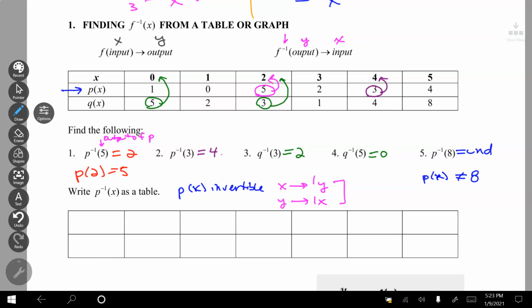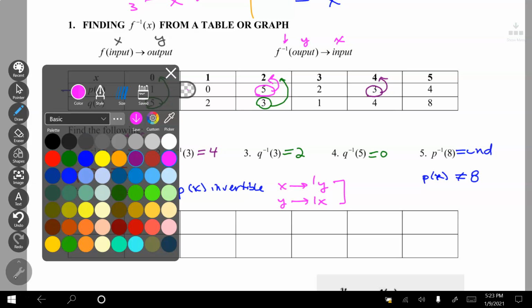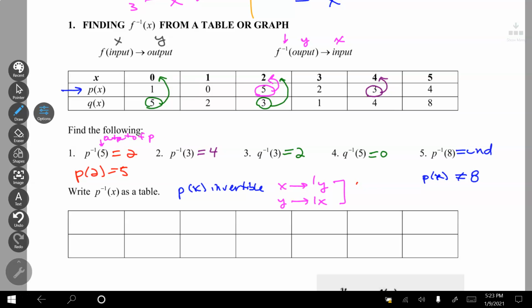The reason it's one-to-one is because there are no repeated input values, which makes it a function, or repeated output values, which means its inverse is also a function.